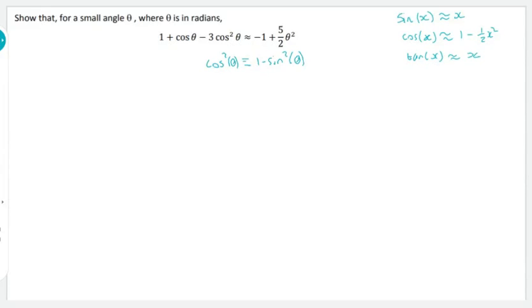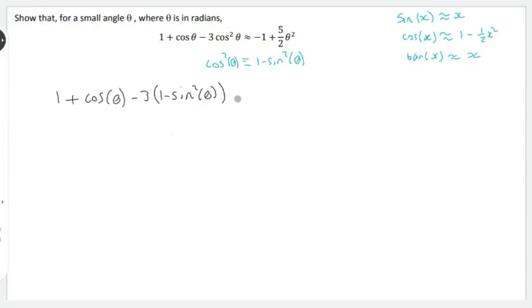Kieran? Almost got it. Cool. Kieran, how have you started? What did you do? So I substituted them in, and I got 1 plus 1 minus a half theta squared minus 3, and then in brackets 1 minus the theta squared. And then I expanded the brackets and got minus 3 plus 3 theta squared.